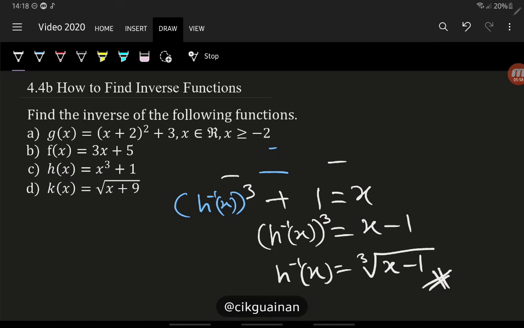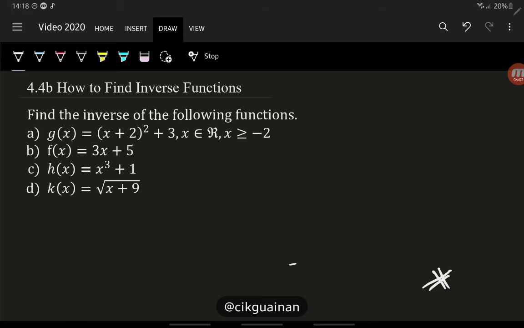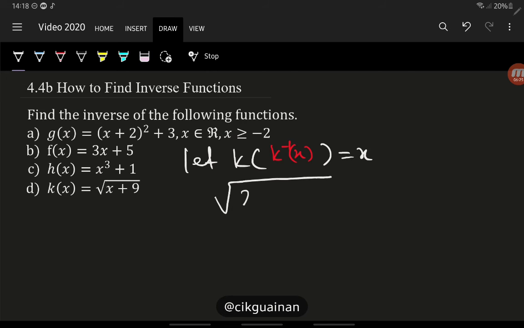Let's move on to the last one, number 4. So we let k inverse equal x. This time I use red color. Now, what is k? k(x) is the square root of x plus 9.